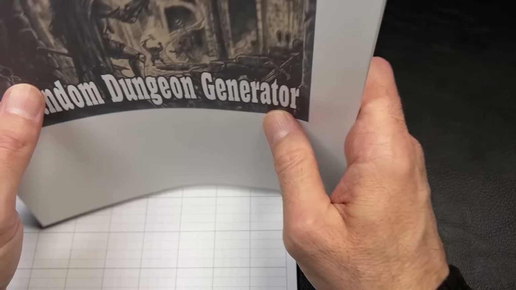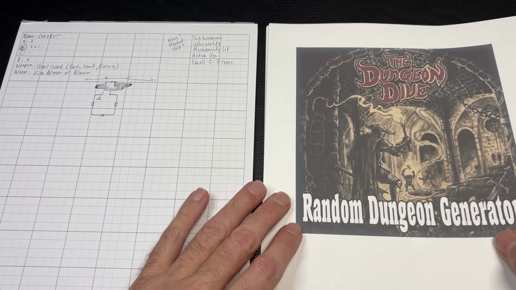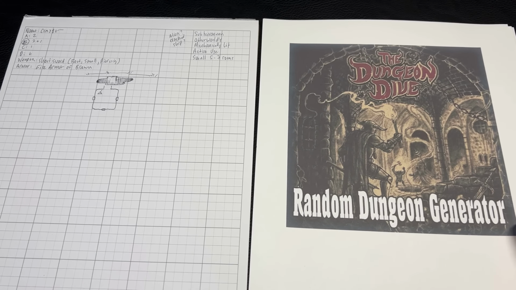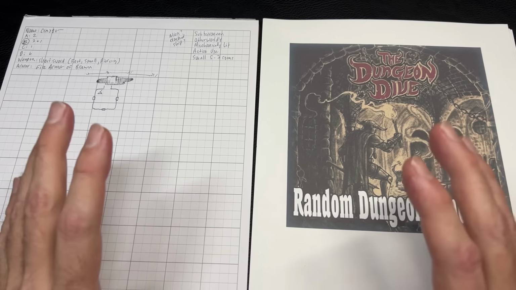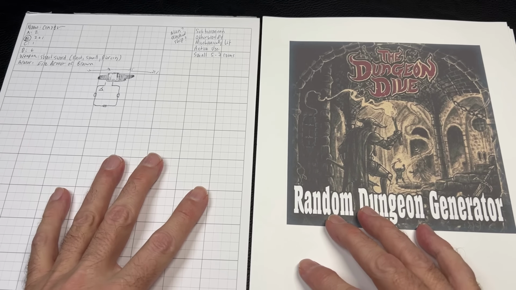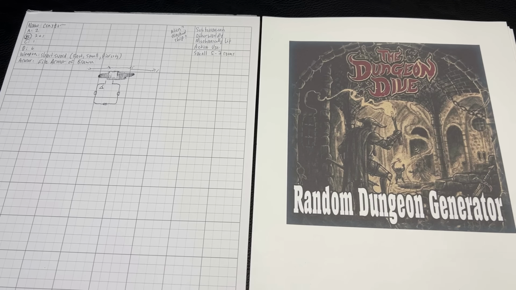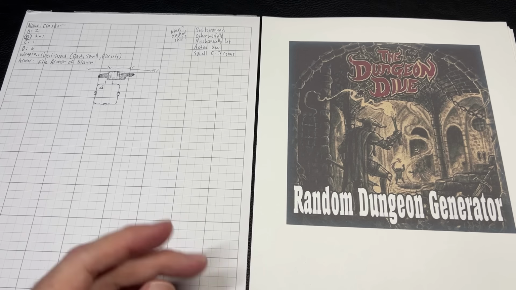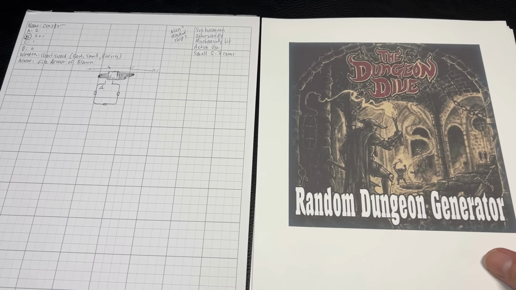So this is a really simple dungeon generator that I created, and I think it's pretty cool. I like it. It's useful, and I made it so it's pretty much system agnostic, and you should be able to use this with any kind of fantasy RPG that you're playing to roll up random dungeons while you're playing, or if you're a dungeon master or a game master, you can maybe use it to design dungeons to run your players through.